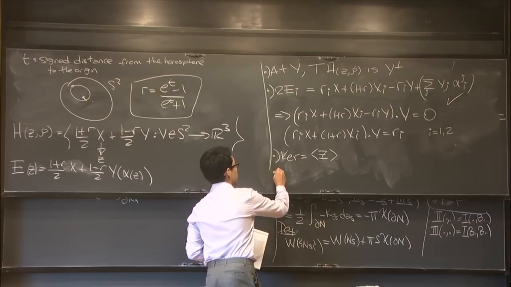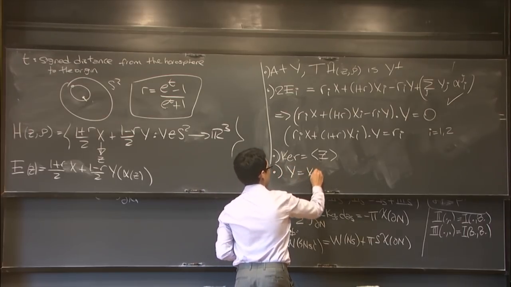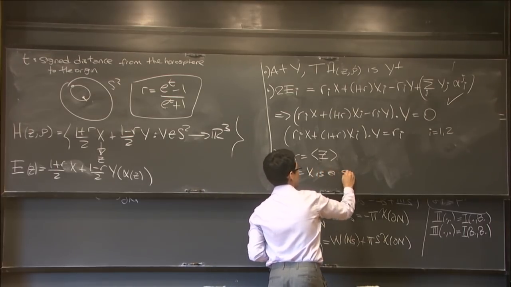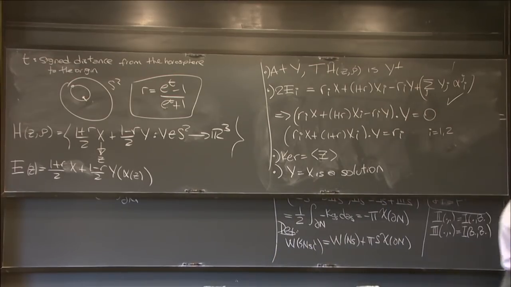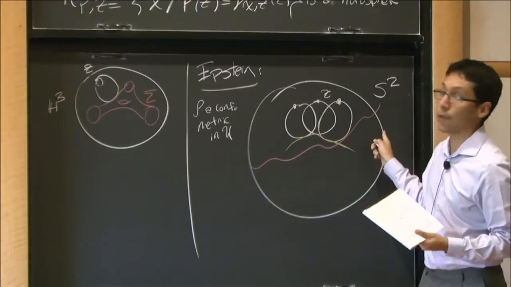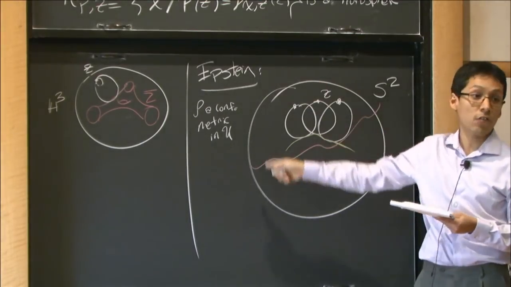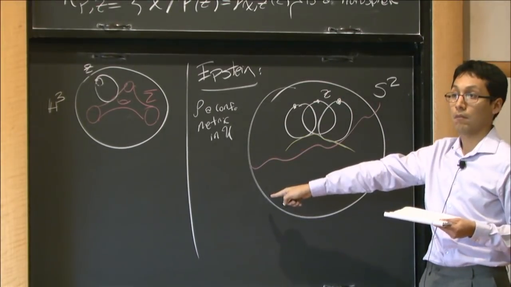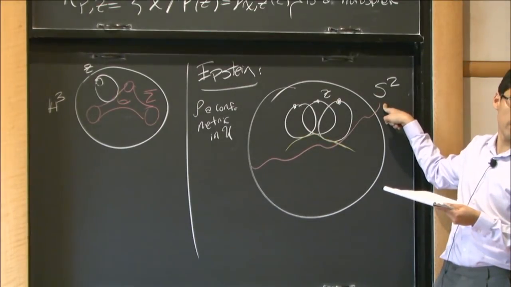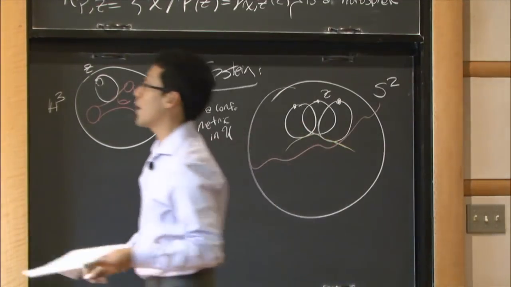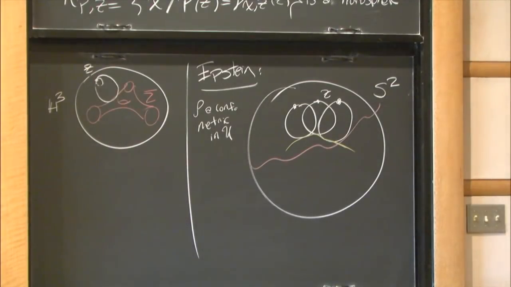And the second observation is that y equal to x is a solution, because we already had one enveloping map to all the horospheres, which was the S2 itself. By construction, all of our horospheres were already tangent to this one. So now how do we find y from this information?